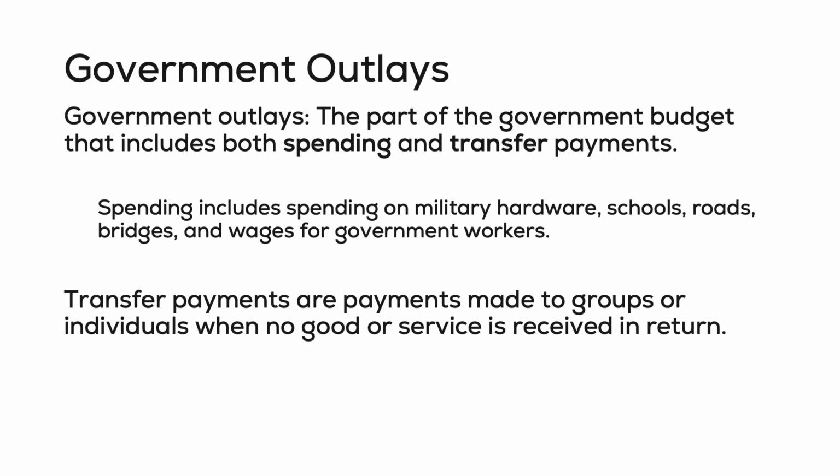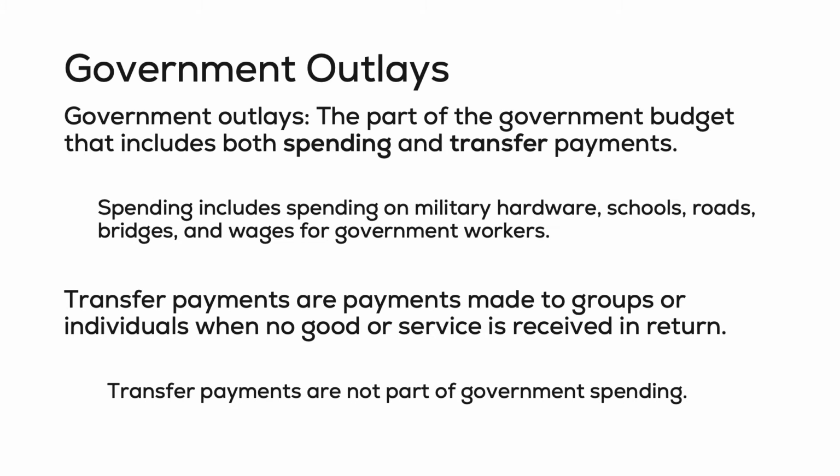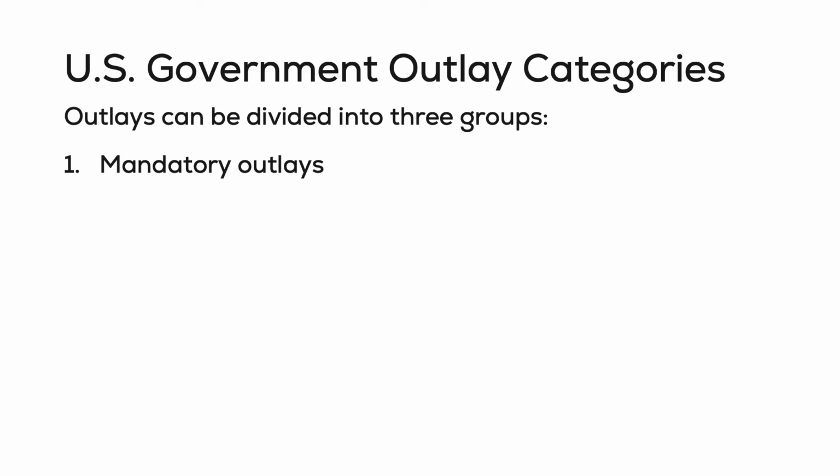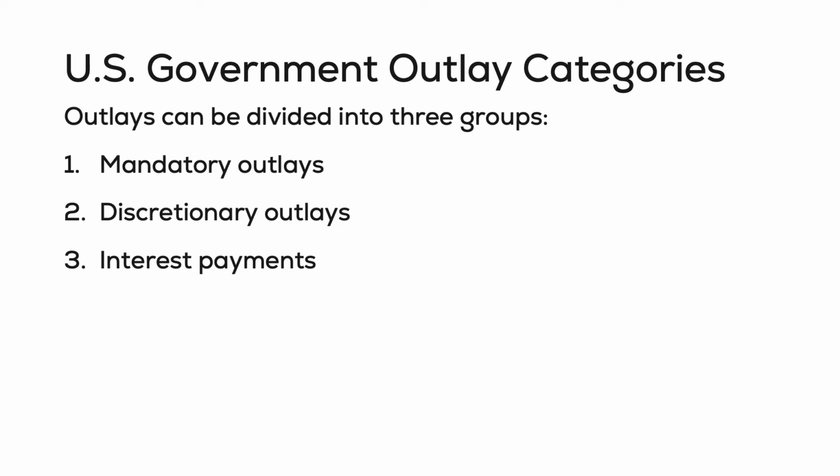First, let's start discussing what we mean by government outlays. In this video, we will discuss government outlays, or spending, in the United States. Spending in the US can be broken down into three main categories: mandatory outlays, discretionary spending, and interest payments.